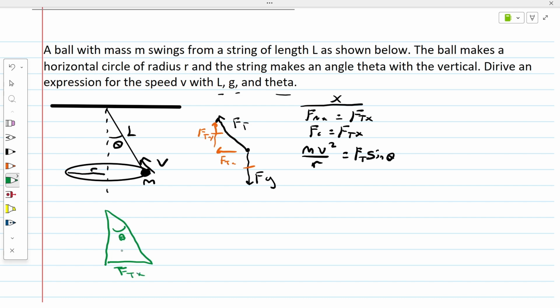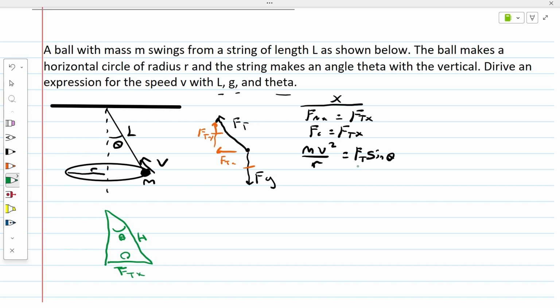So this is opposite over the hypotenuse. So usually we have the angle on the horizontal, which means the x direction is usually cosine, but in this case it's sine because it's off the vertical. So that's something to make sure, and don't just automatically put cosine when you see x.